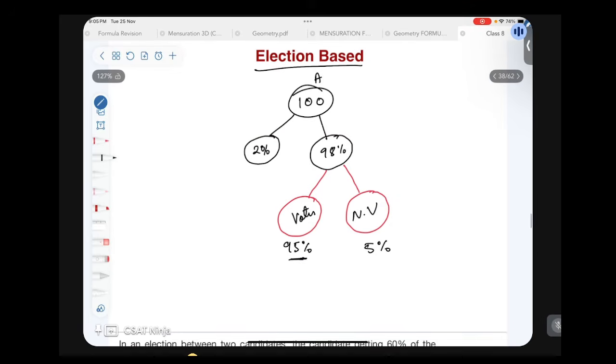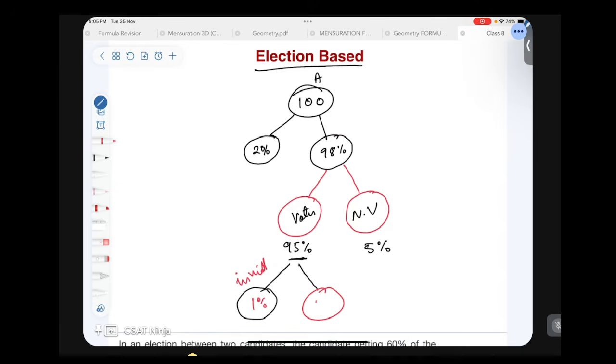Again, within the voters, there will be some votes which are invalid. So let's say 1% of the votes were invalid. That means how many percent will be valid? From 100, if 1% is invalid, that means 99% was valid.